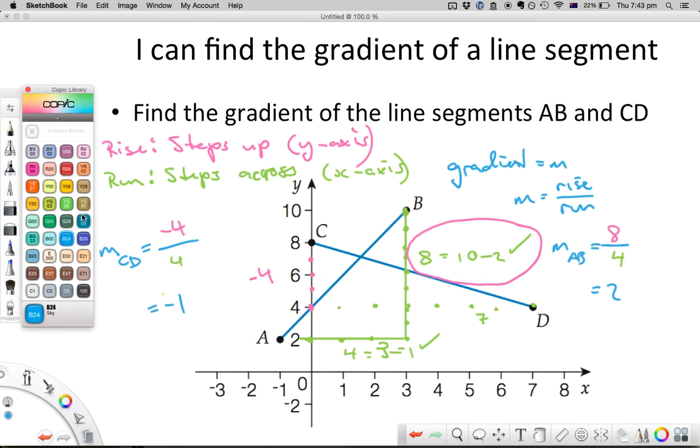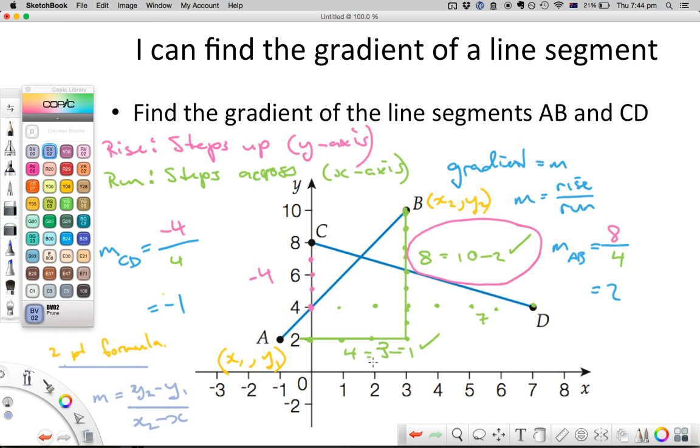And you might see some people talking about the 2-point formula. You call this point x2, y2, and you might call this point x1, y1, and you'd say that the gradient equals the rise, y2 minus y1, divided by the run, x2 minus x1.